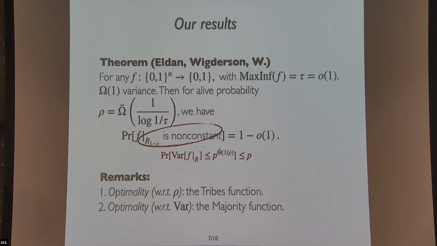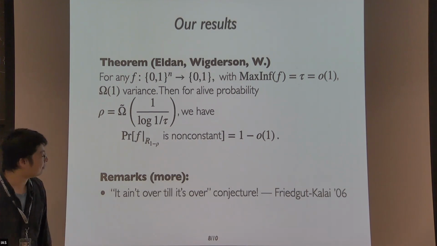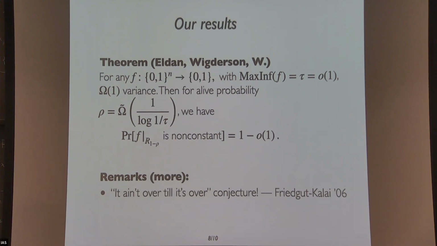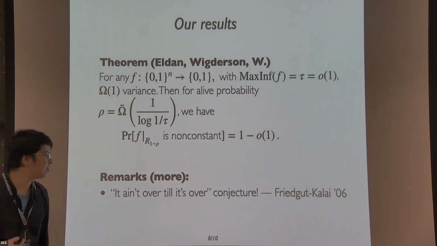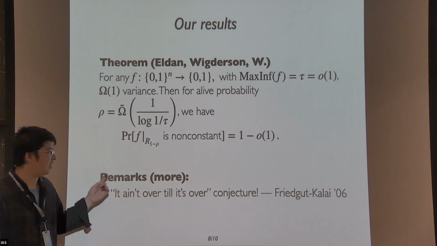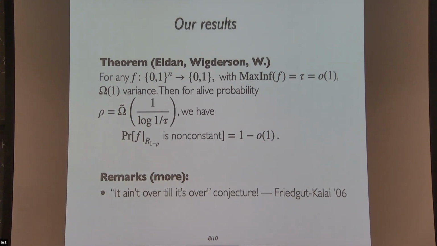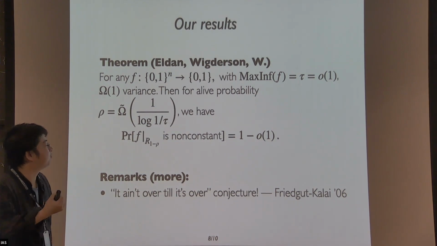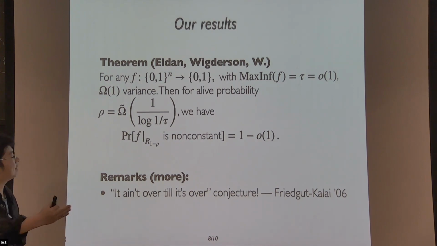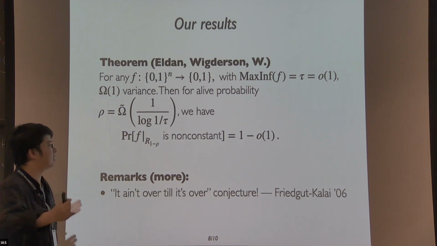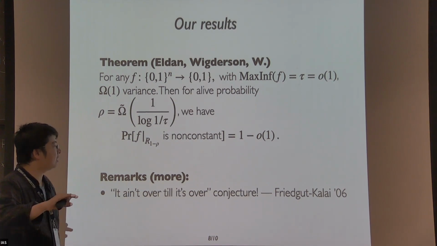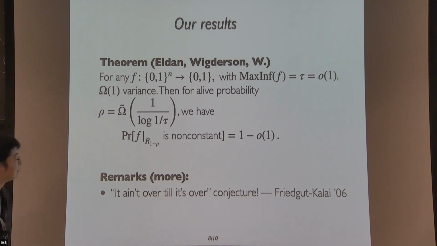Okay, well, maybe a few more remarks. A related problem was first asked by Friedgut and Kalai. They formulate the problem and call it the "n over 2 to the n" conjecture. They are interested in restricting the function, restricting all but an arbitrarily small non-zero constant fraction of the inputs, and they want to say that the restricted function is mildly balanced with high probability.